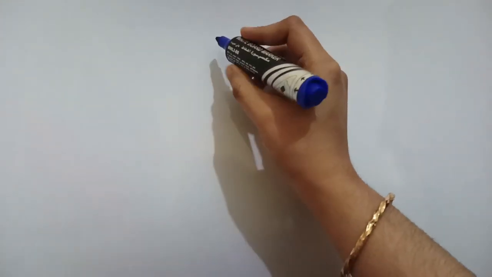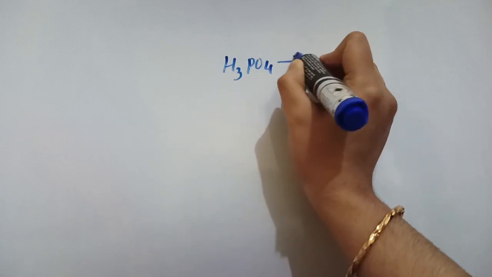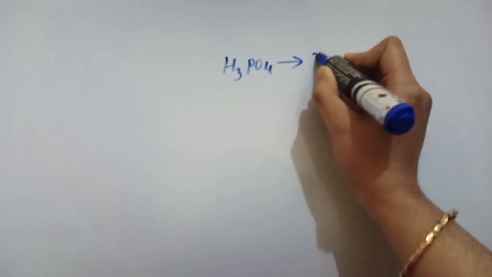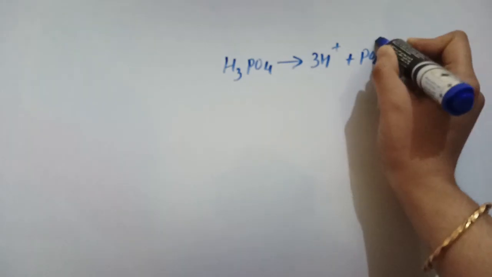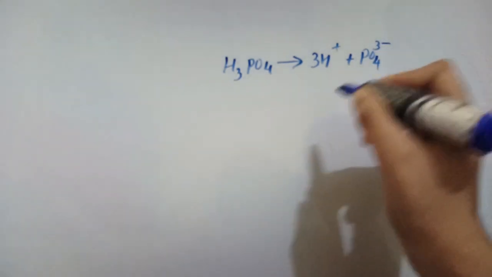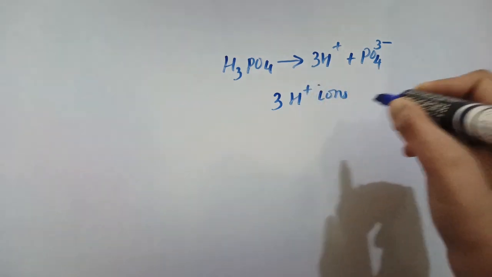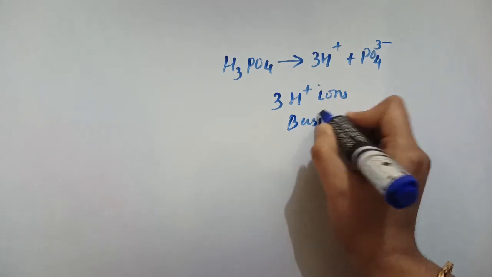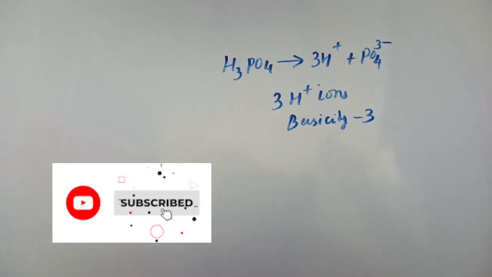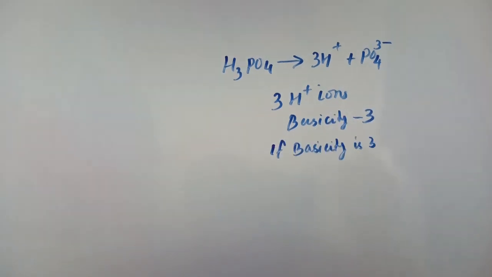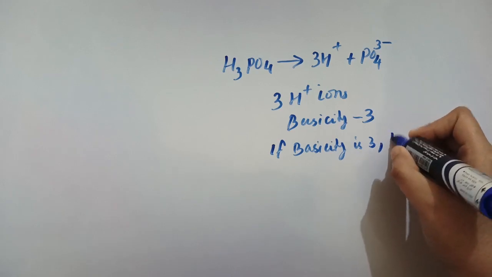Next, look at the reaction: H3PO4 reacts and forms 3H+ and PO4 3-. Here 3 H+ ions are produced. Therefore, basicity is 3. If basicity is 3, it is said to be a tribasic acid.